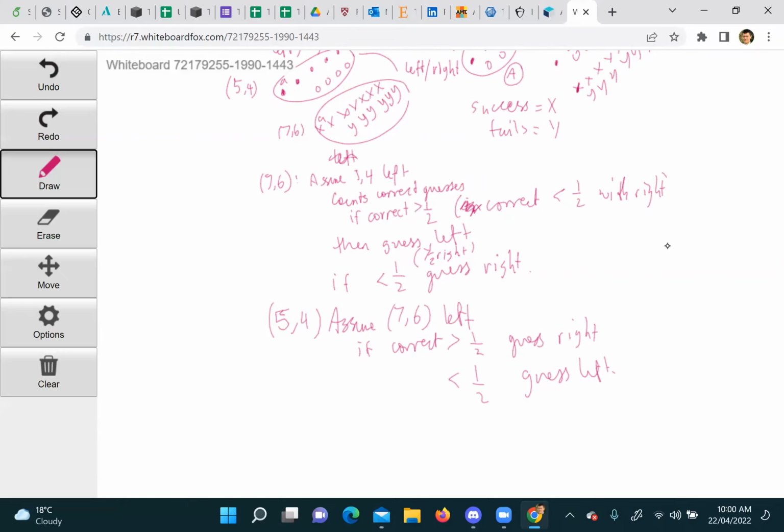So 7-6 just fixes their strategy first, yeah? And then 5-4 knows what 7-6's strategy is, right? So this is maybe a better, conceptual way to check it. He looks at 7-6, and if 7-6 is picking left, it's going to be correct more than half the time.